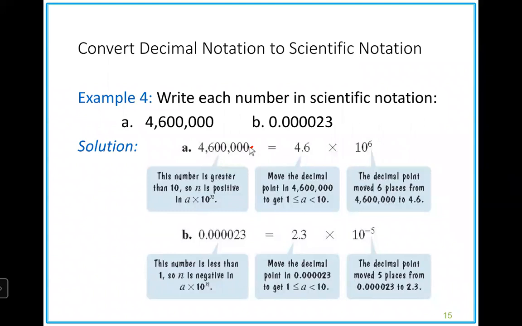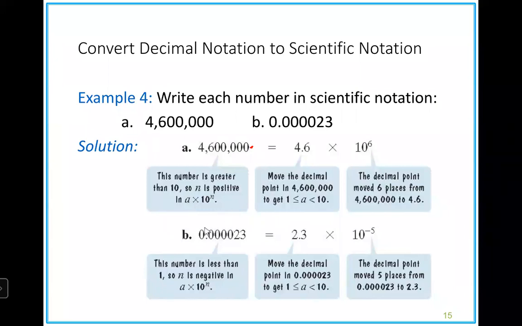And so in order for us to get a 4.6, then we'd have to move the point 1, 2, 3, 4, 5, 6. So it's going to be 4.6 times 10 to the 6th power. Now, because the number that we started off with was greater than 1, our power is going to be positive.